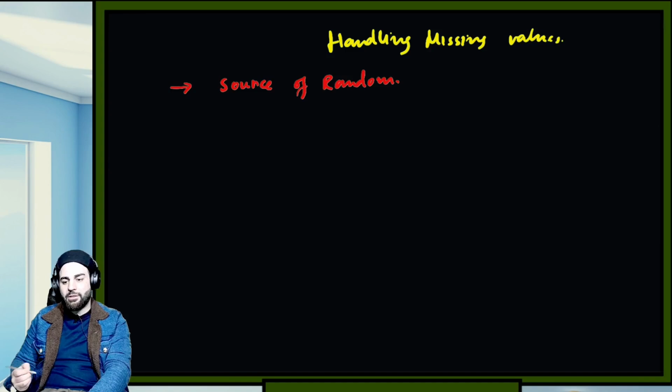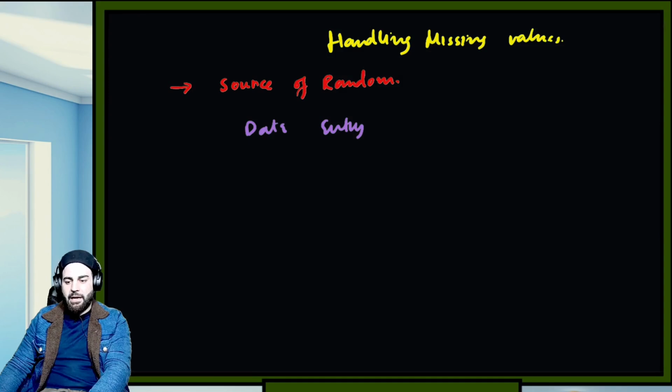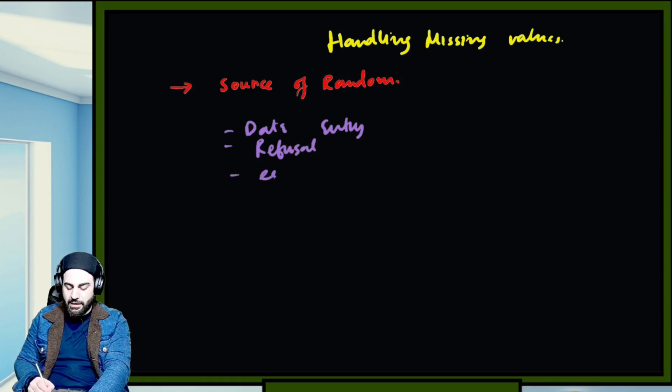Okay, once you have the source of randomness, I just told you what sort of randomness can be there. Let's suppose it is some survey. Randomness can be because of human error. If some human is doing this data entry, he or she might skip it, maybe mistakenly. And sometimes some people might refuse to answer these surveys. Sometimes equipment error is there.